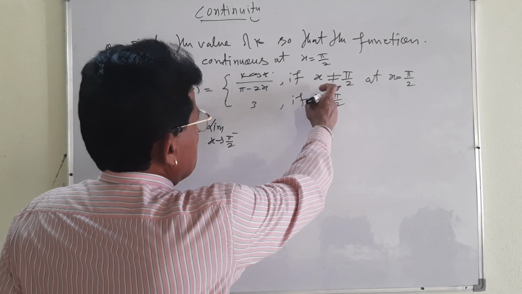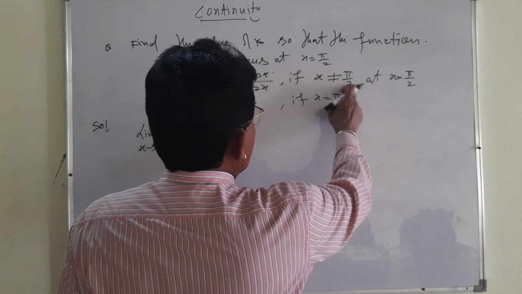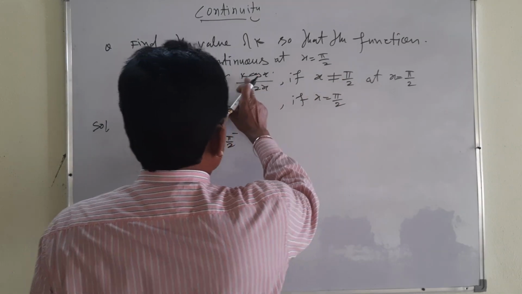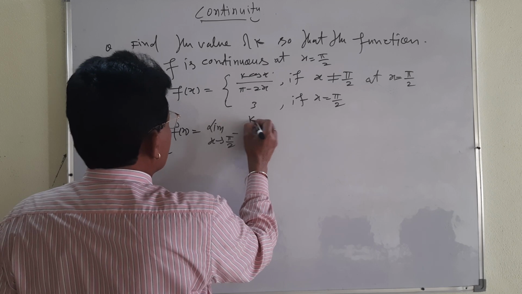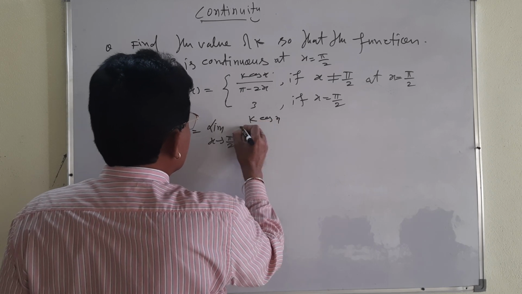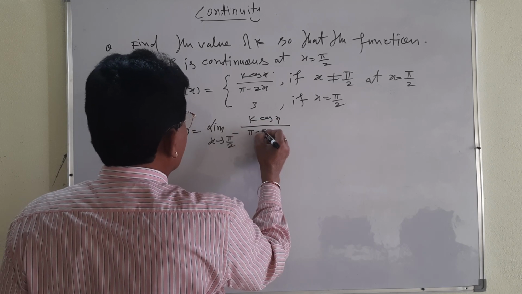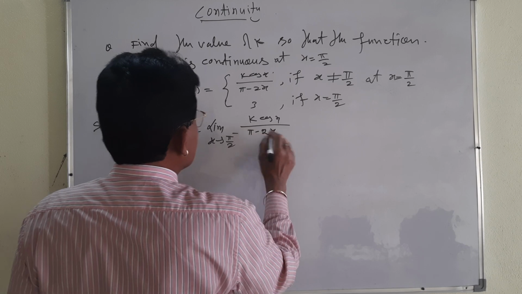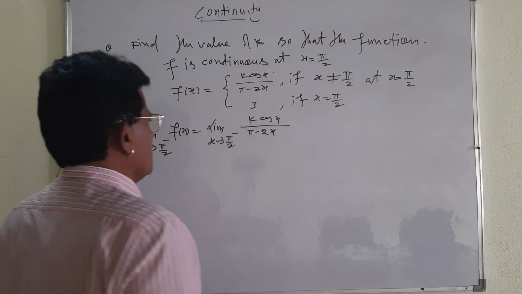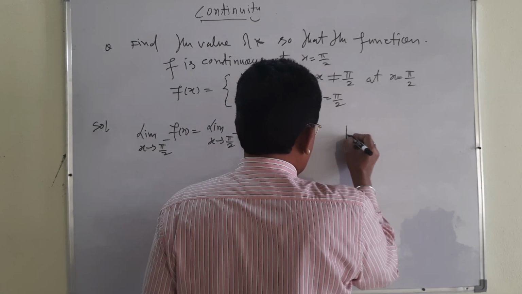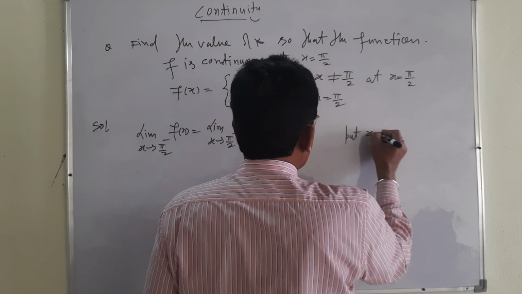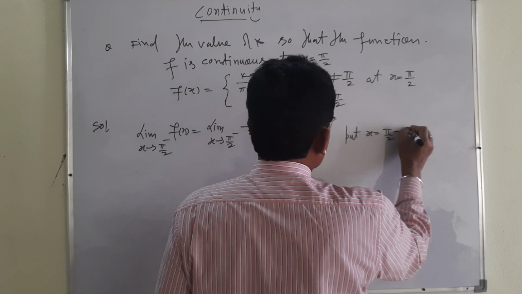That is why it is given: x does not equal pi by 2. If it is not equal to pi by 2, you must take k cos x. See carefully, I will tell you the very important points in this case. You will have to put x equal to pi by 2 minus h.